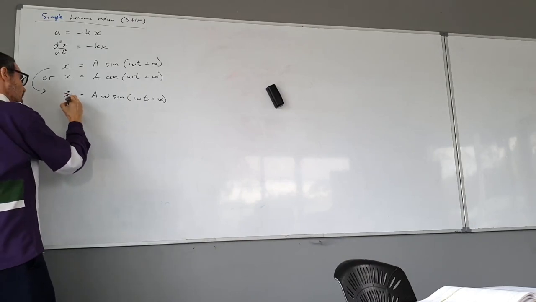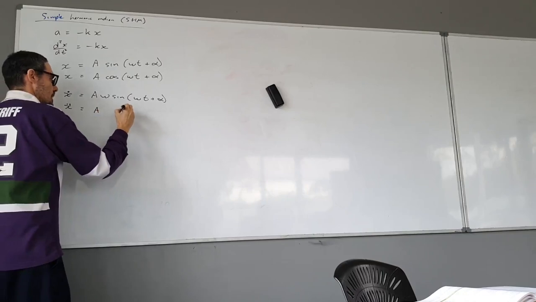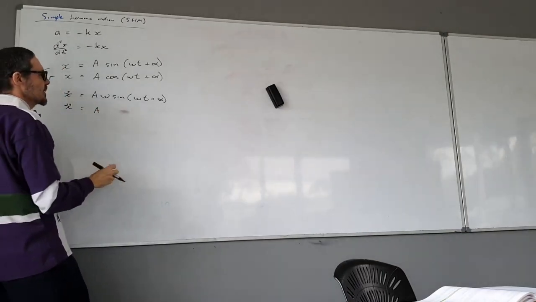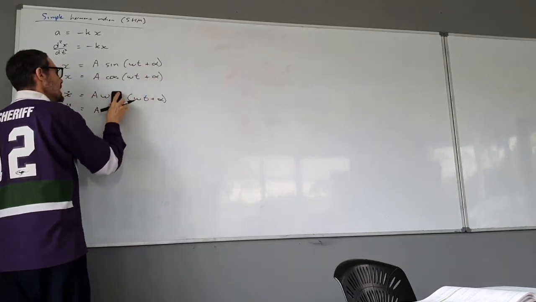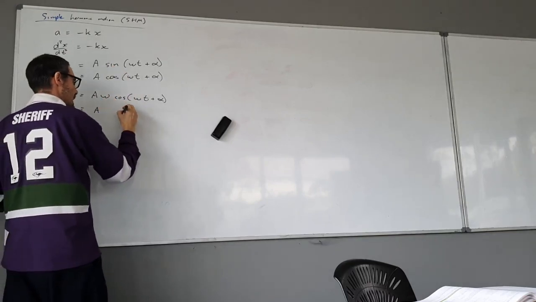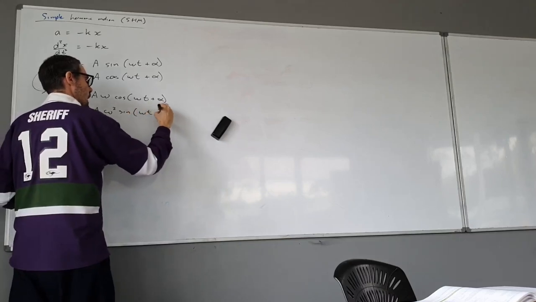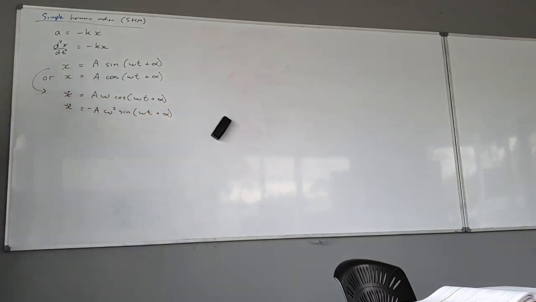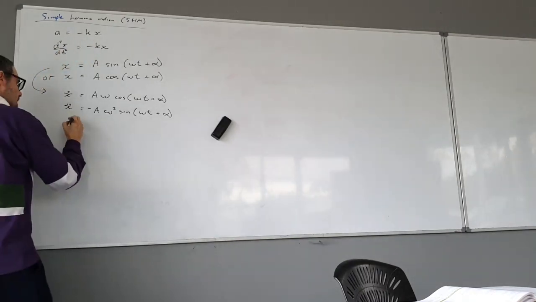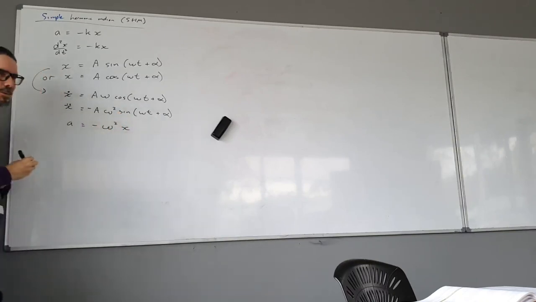And then the second derivative is going to be, no, I got that wrong, it's not sine. Nobody noticed? Come on people, it's cos. First derivative cos, second derivative goes back to sine, with negative omega squared. So we will actually be writing this: acceleration is minus omega squared x.